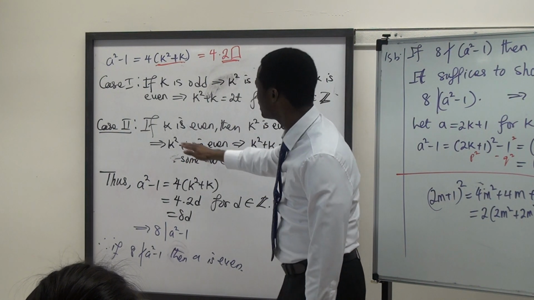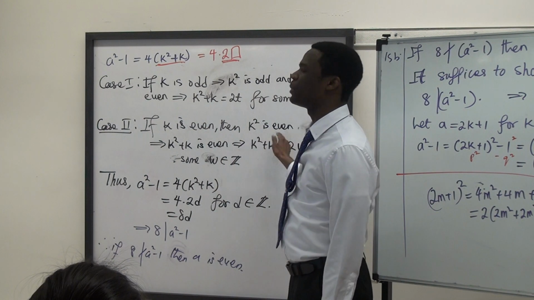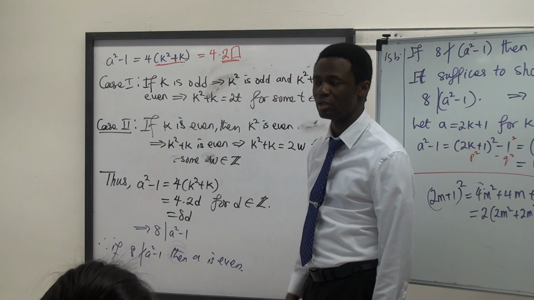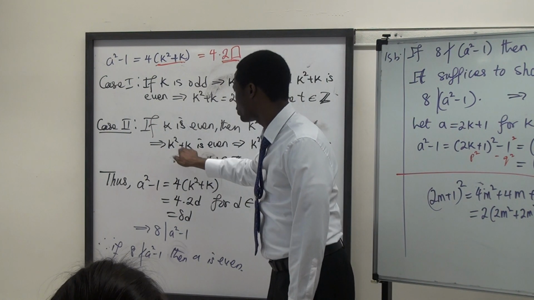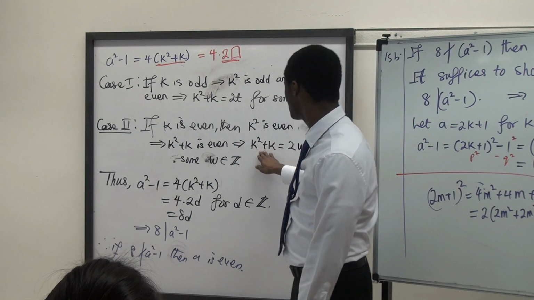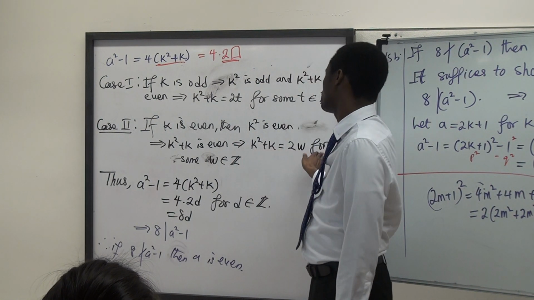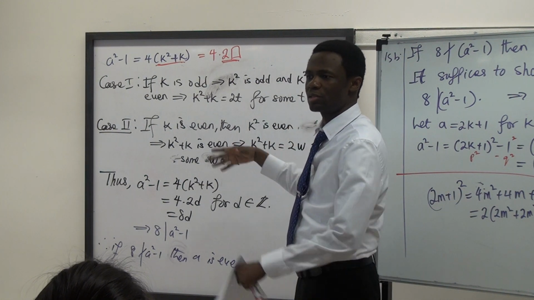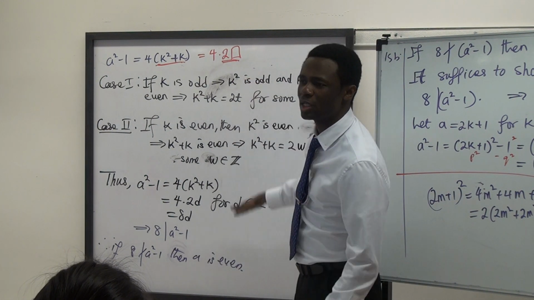For the second possibility, if k is even, k squared must be even, because we know the square of any even integer is an even number. Then the sum of 2 even numbers is also even, which means this can be written in this form for some integer. You can see that I use different variables, because it doesn't have to be the same t in the 2 cases.